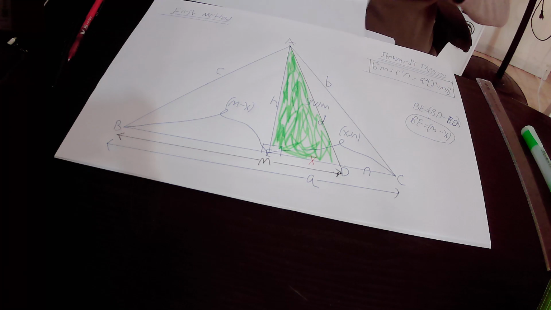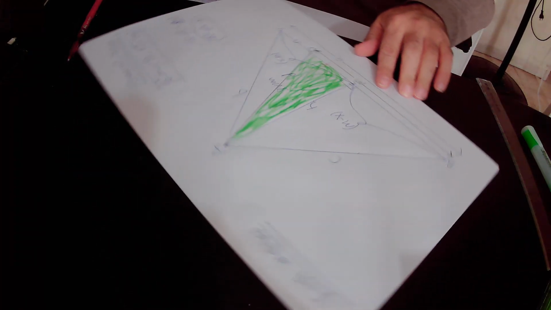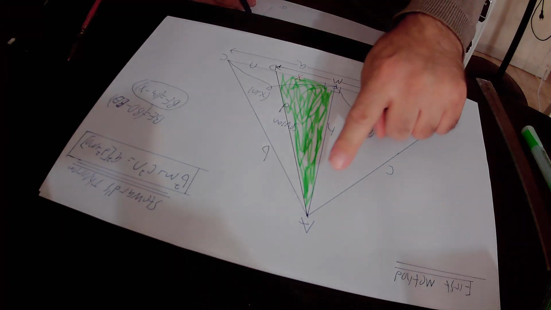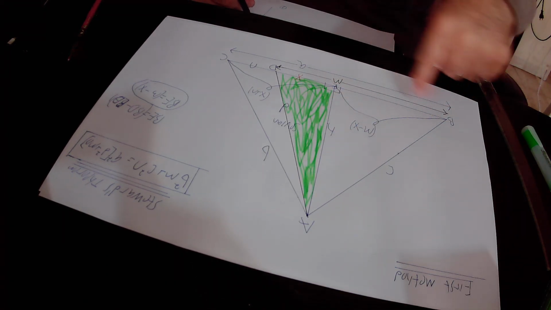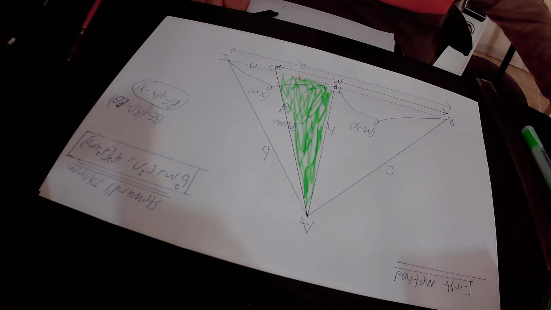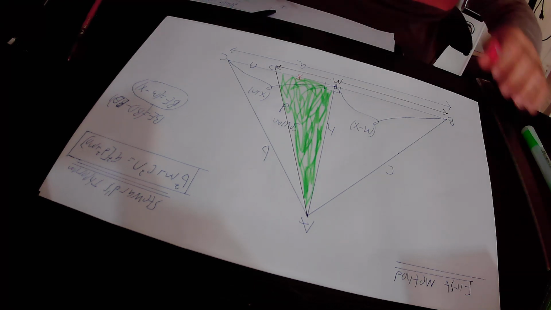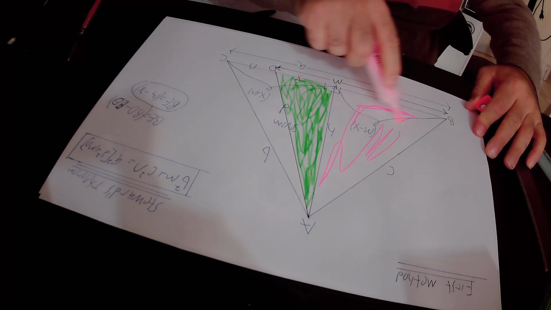In the next step, we focus on the right triangle AEB, this right triangle AEB. We'll focus on the right pink triangle AEB.